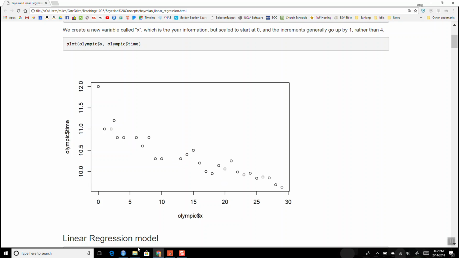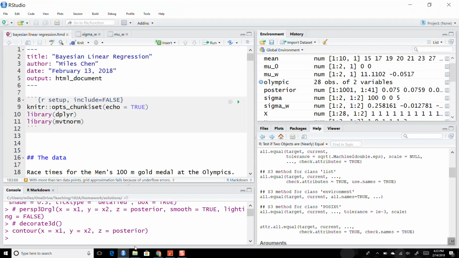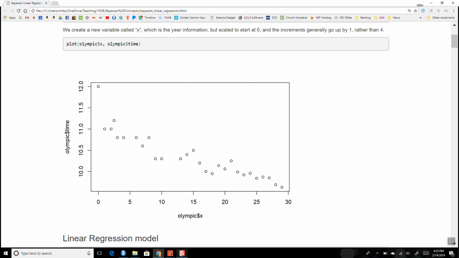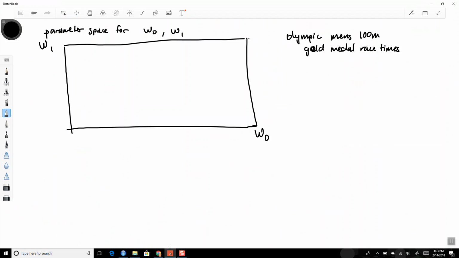All we have to do is basically, we could have a completely flat prior. A completely flat prior would be any value from negative infinity to positive infinity allowed, okay? But that's probably way too general, right?